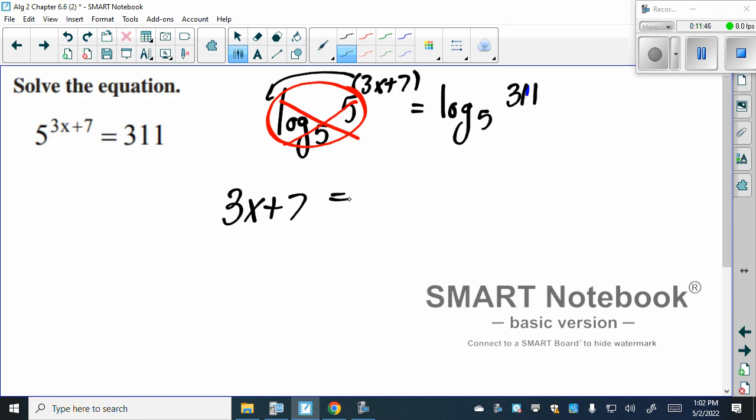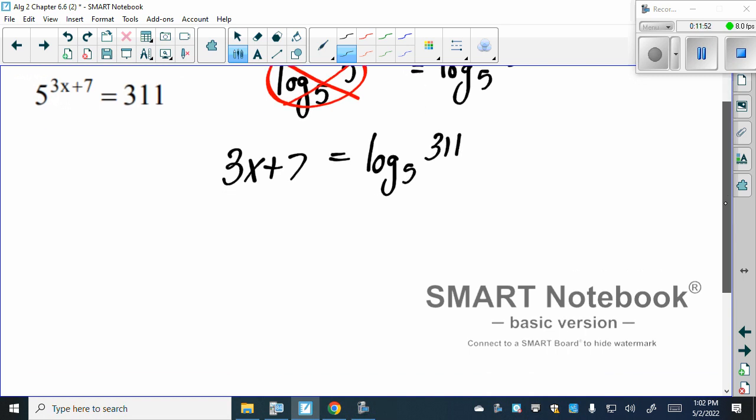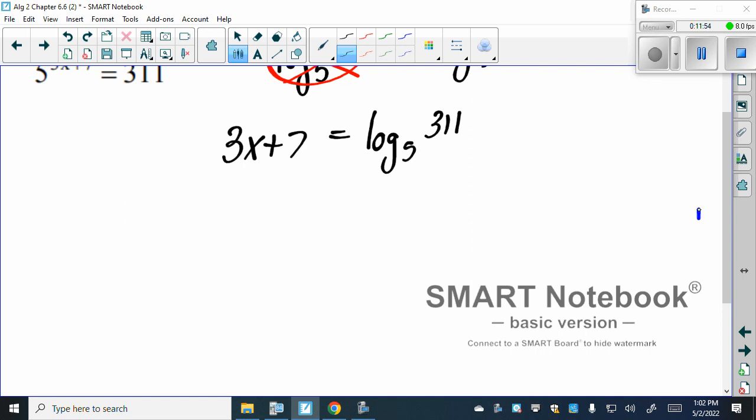Is equal to log base 5 of 311. So really the main thing that we're learning or kind of going over today is so far just applying that log base to get the variable by itself. Now we need to solve for the value of x. What can we do first?